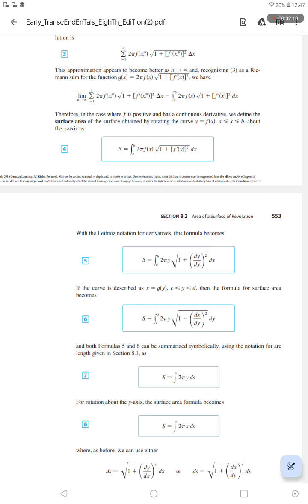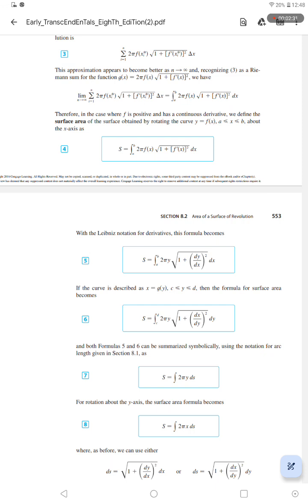With the Leibniz notation for derivatives, this formula becomes equation 5, big S equals the integral from a to b of 2 pi y, the square root of 1 plus open dy over dx close squared dx.